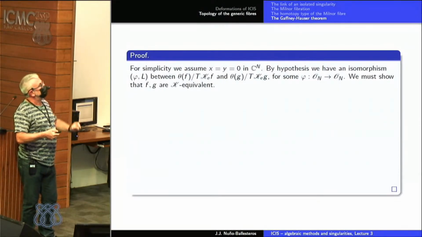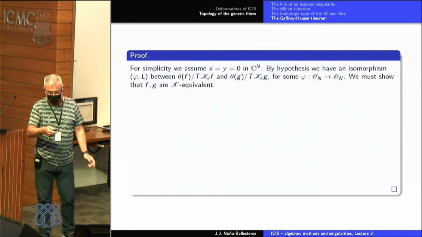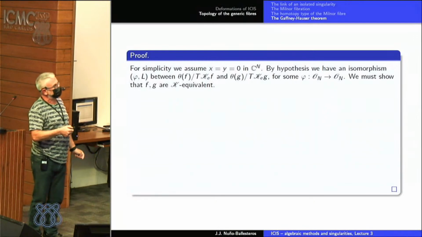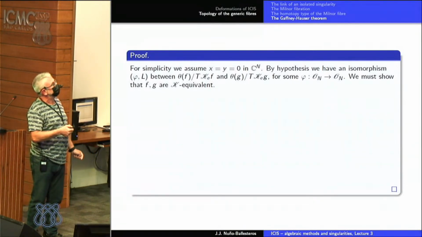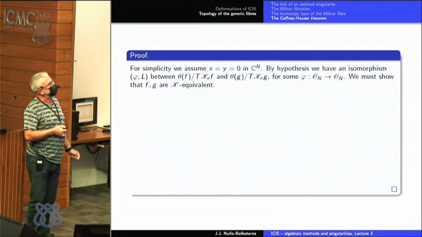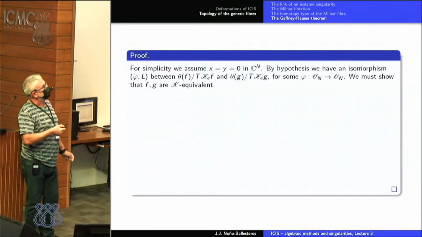So I think I have a pair of minutes. So I will give a sketch of the proof. The proof is not easy, but I will sketch it. For simplicity, we assume that X and Y are the origin in Cn. By hypothesis, we have an isomorphism phi between the two normal spaces for the contact equivalence group.